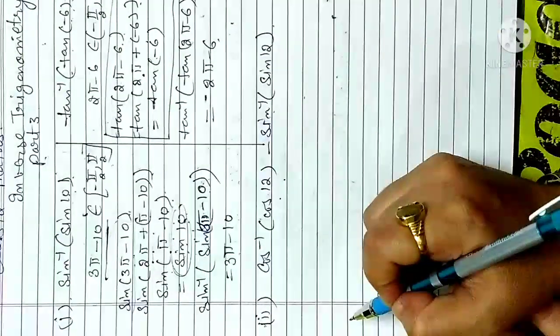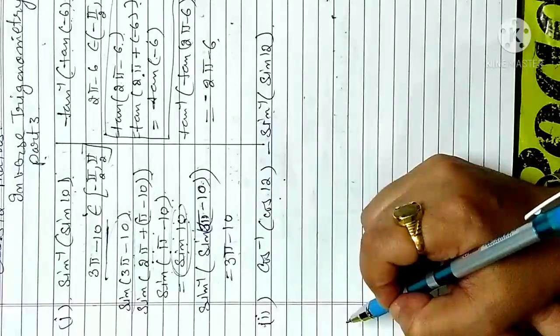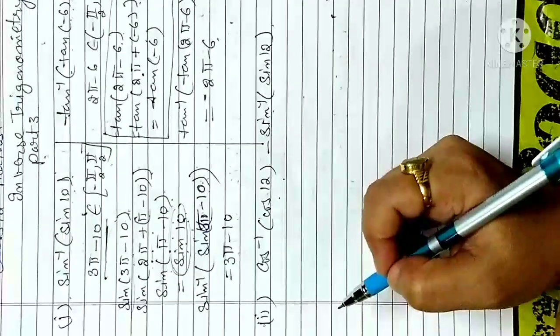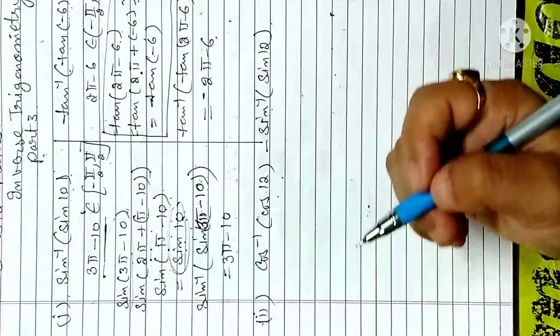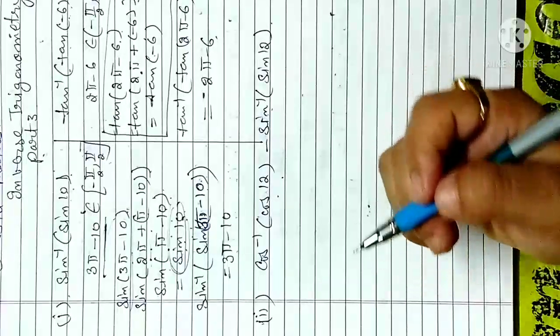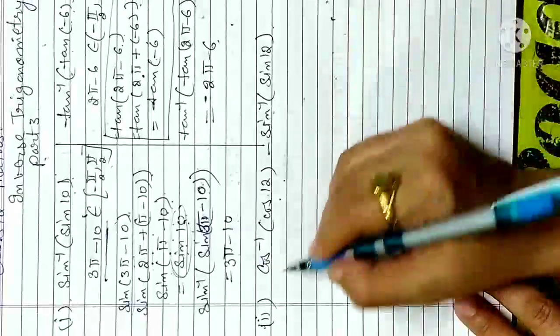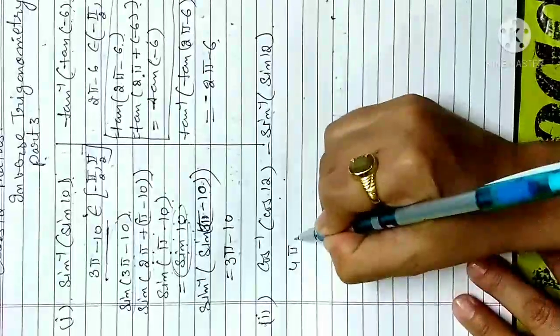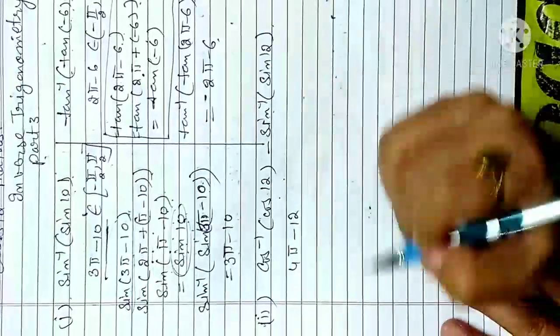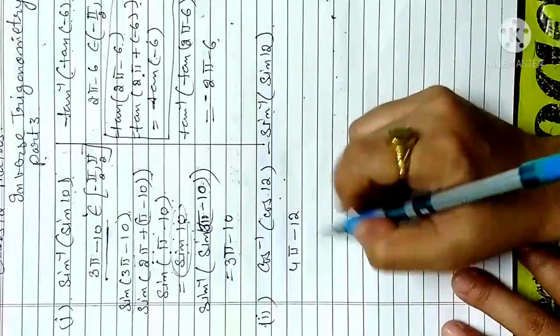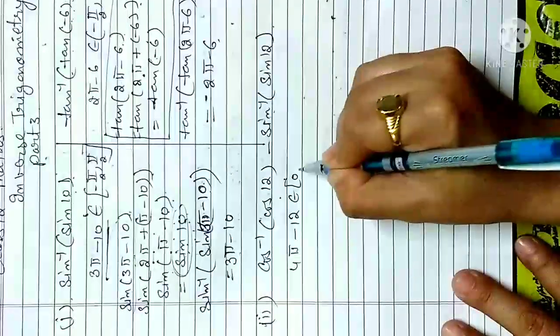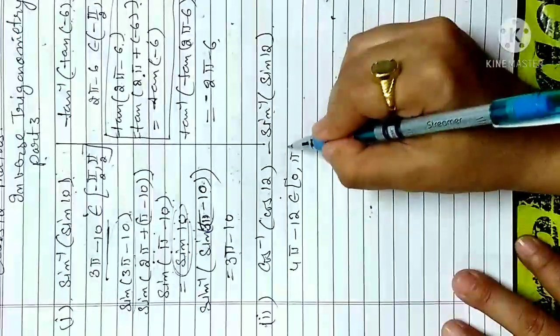Now, as for cos inverse cos 12 and sin inverse sin 12, first you have to think about the value 12. Suppose 12 lies between 0 and pi; it will be 4 pi minus 12 in the case of cos. First I go with the cos value, which belongs to 0 to pi.